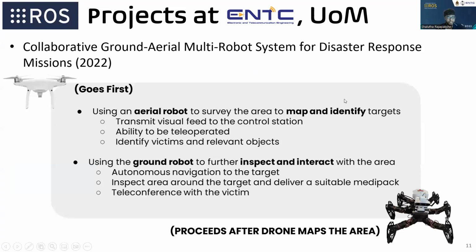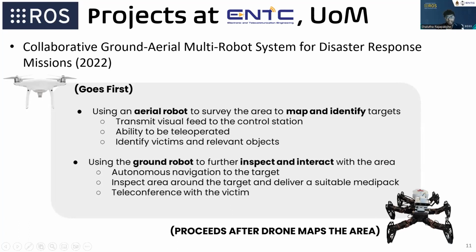So moving on, if I summarize what happens in our project: first, the drone equipped with our drone add-on will map an unknown area, and while mapping, it will detect any trapped victims and any other objects and mark their locations on that map. Then that map, marked with the victim locations, will be sent to the hex support.